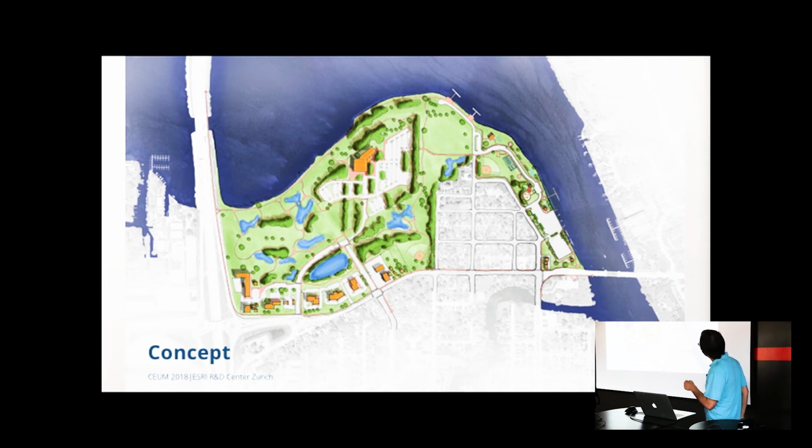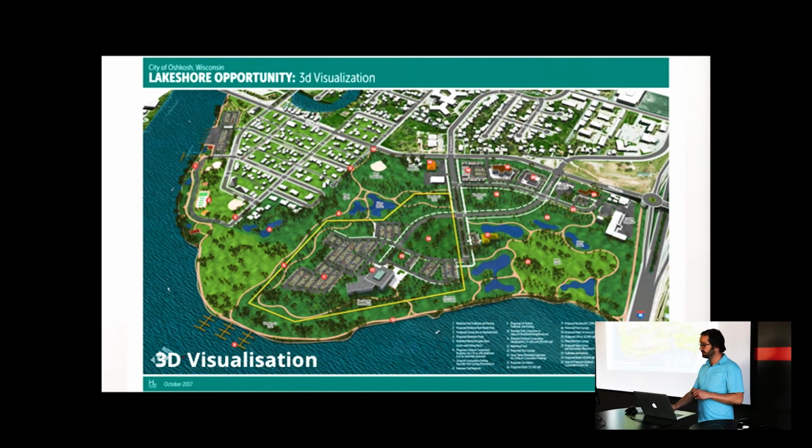But again, this is all 2D, and maybe this is done in Photoshop with a Wacom tablet or something, but there's no 3D at all at this stage. And then, actually, CityEngine came into play, and this whole plan now turned 180 degrees, and is now made nice, right?